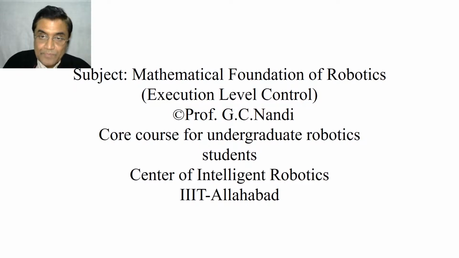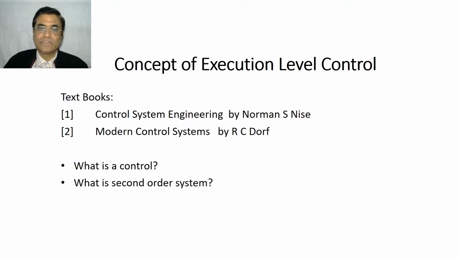So that's very important, and that's what we are going to discuss in my subsequent lectures, where we will try to give you the concept of execution level control. We are calling it execution level control.